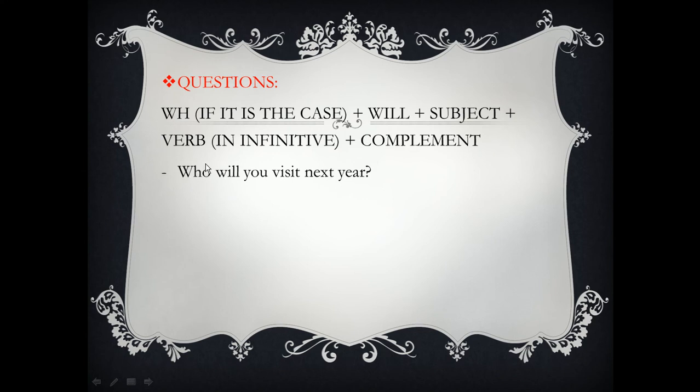He says who, which is the WH, who will you visit next year? So WH, then we got will, and then we got subject, and verb in infinitive, and complement next year. Who will you visit next year?